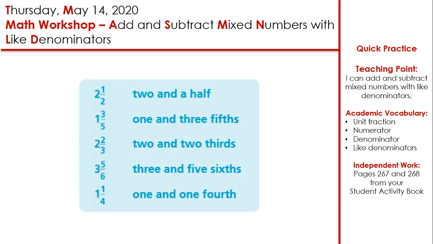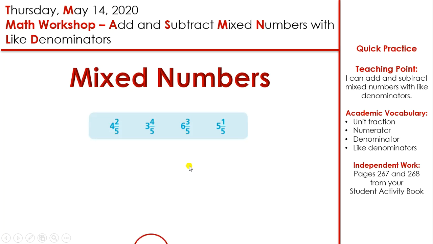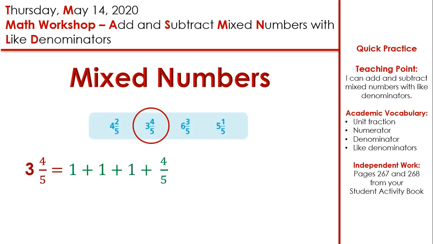Examples are 2 1/5, 1 3/5, 2 2/3, 3 5/6, 1 1/4. Basically, we say the whole number as it is, we include "and," and then we just name the fractions that we already know. Mixed numbers, we're still working on that.